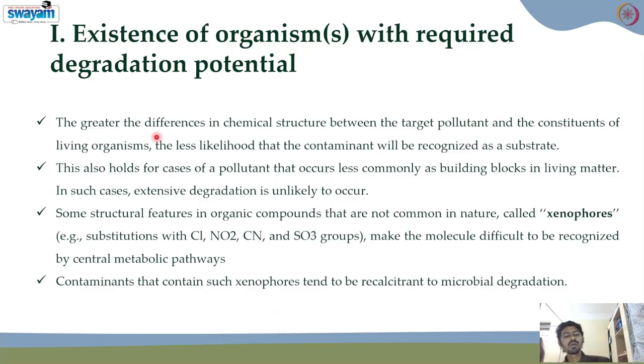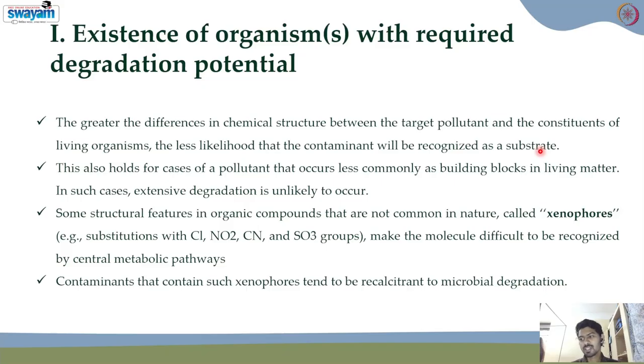And if you observe the pollutant nature, the greater the difference in chemical structure between the target pollutant and the microorganism, the less likely the contaminant will be recognized as the substrate. So what does it tell us?